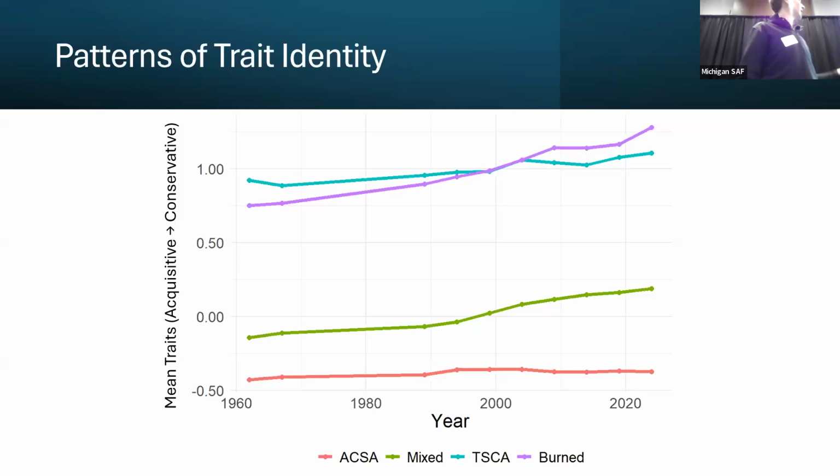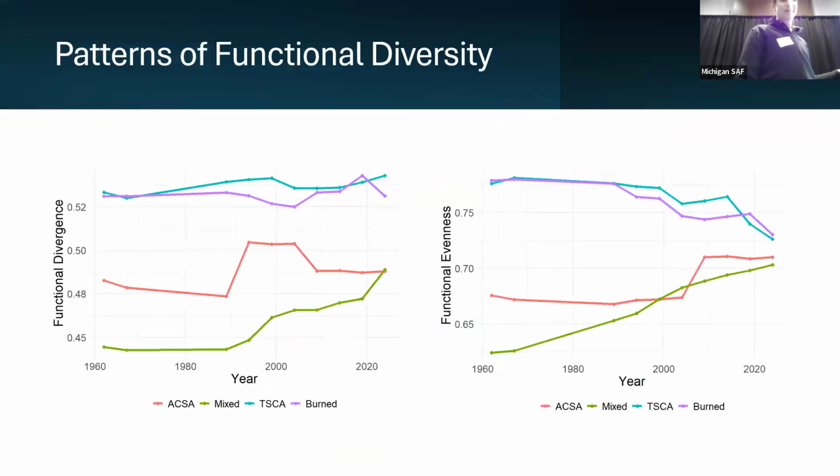Which is cool. And so we were thinking that possibly functional diversity would follow the same pattern, but functional diversity actually does change quite a bit over time. Responding to more subtle differences in the abundance of species, we can see that although the hemlock stands are staying the same in functional divergence and evenness, they might be becoming slightly less even over time.